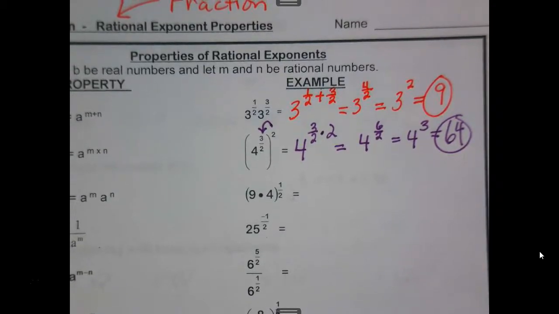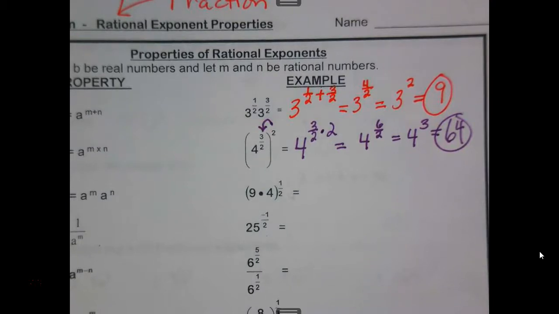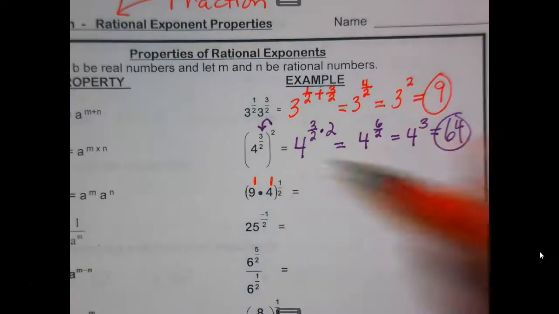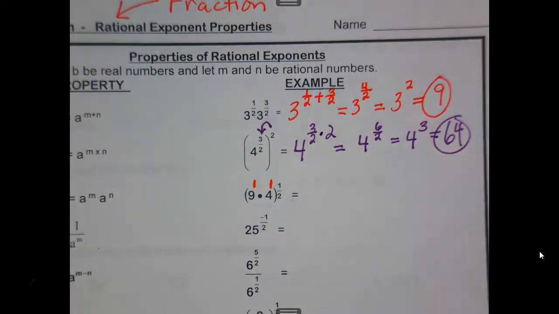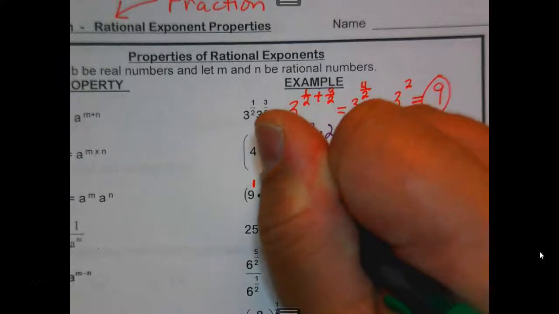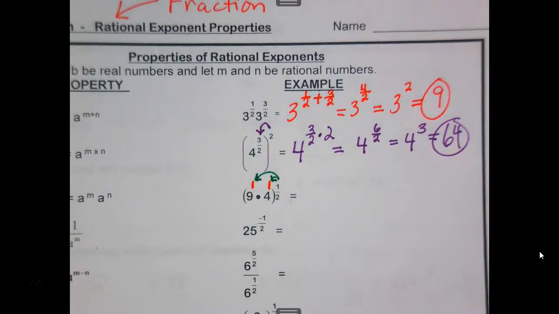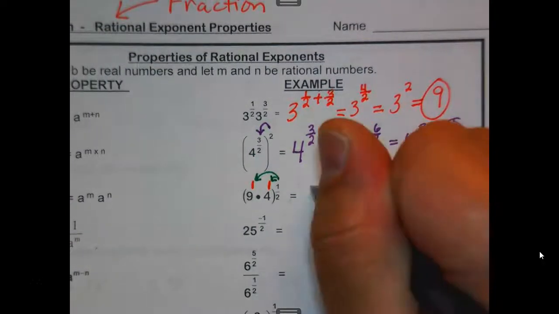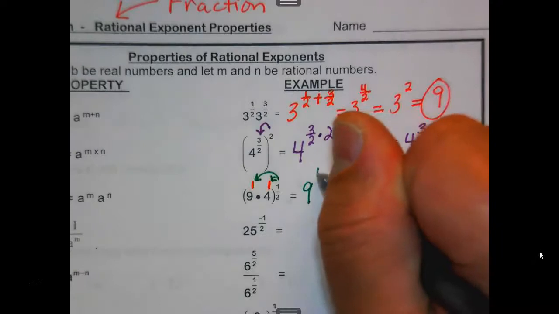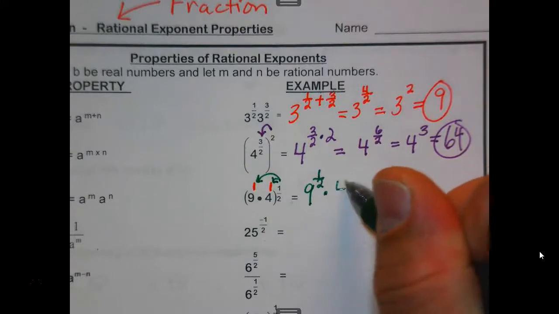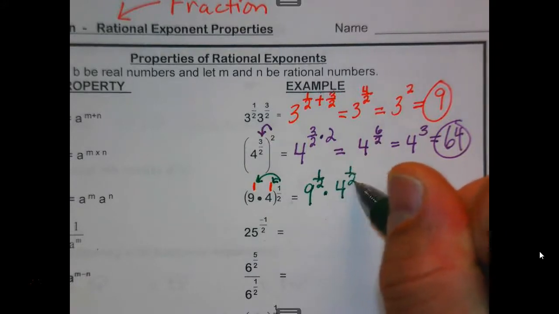If I have a power with different bases, remember, if I don't have an exponent there, it's a 1, right? So I have to multiply each exponent. There's actually an easier way to do this, but I'm not going to tell you. So I have 9 to the 1 times 1/2, which is 1/2, times 4 to the 1 times 1/2, which is 1/2.